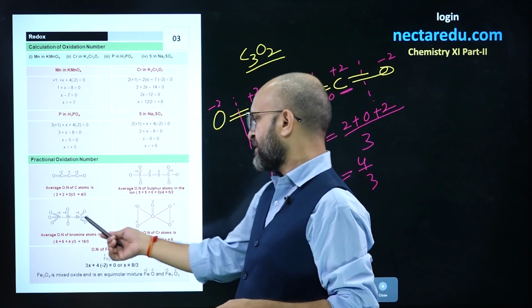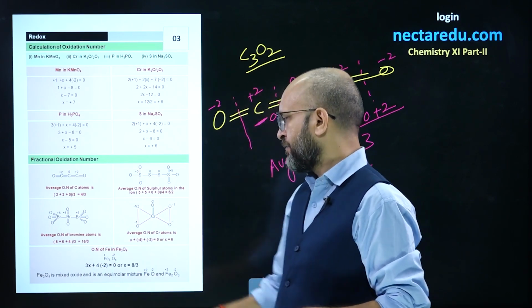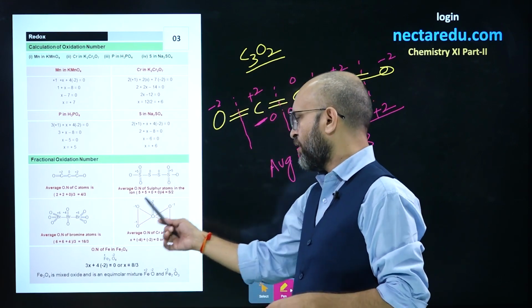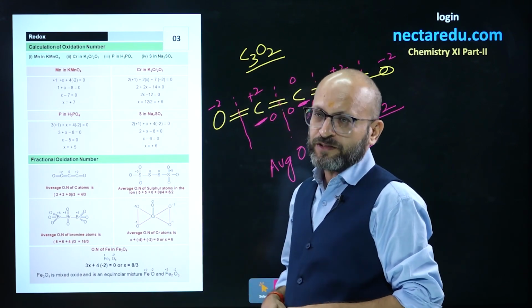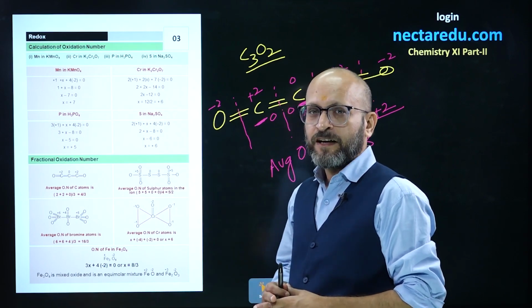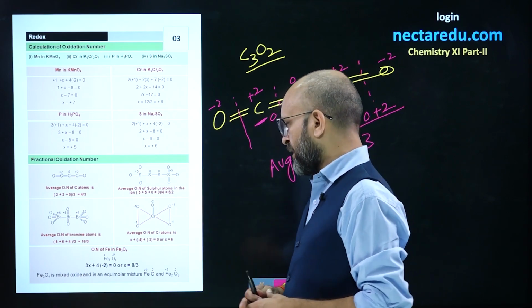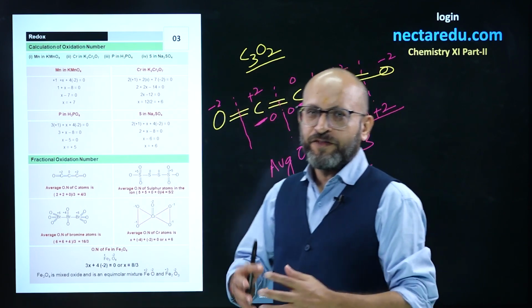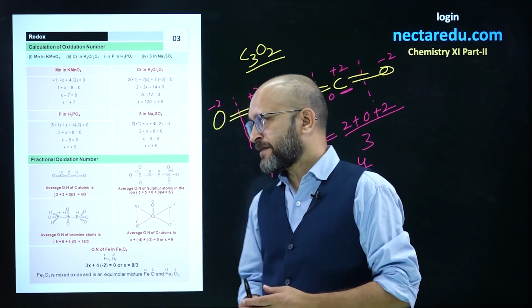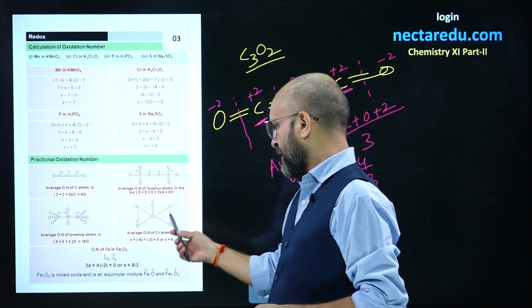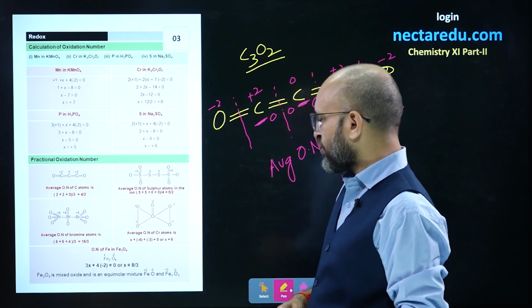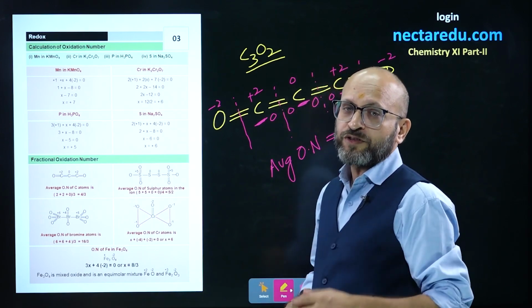Here in Br₃O₈, again you will get a fractional value because we are taking the average. And CrO₅ we call the blue butterfly because the color of this compound is blue. The oxidation number of chromium in it is +6. And for Fe in Fe₃O₄, it is a combination of FeO and Fe₂O₃.